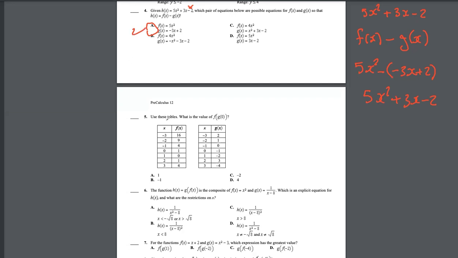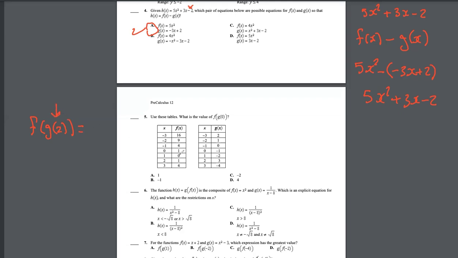Now use the table of values. What's the value of f of g of 0? I'll give you an example. If I say, what's f of g of 2, you have to do g of 2 first.